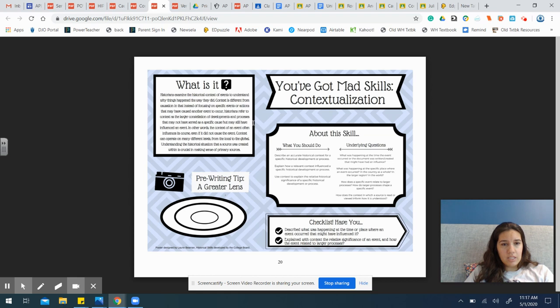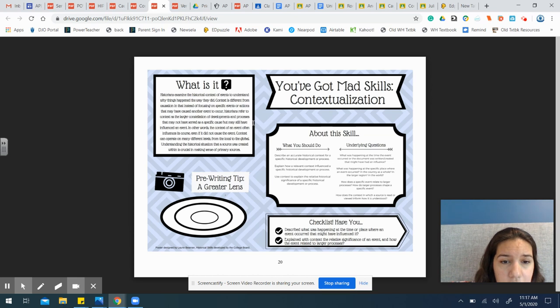Context is different from causation. Instead of focusing on specific events or actions that may have caused another event to occur, historians refer to context as a larger constellation of developments and processes that may not have served as a specific cause, but may still have had influence on an event.